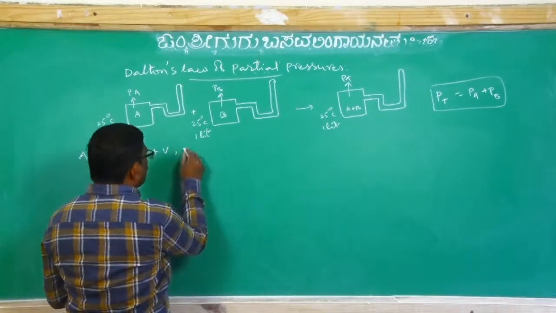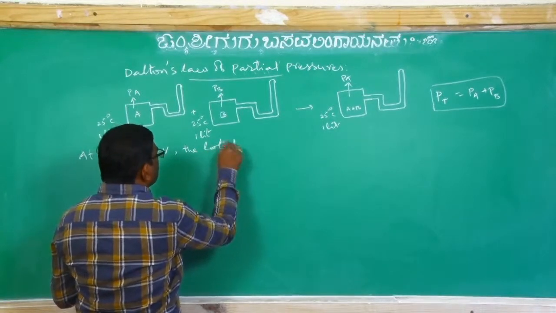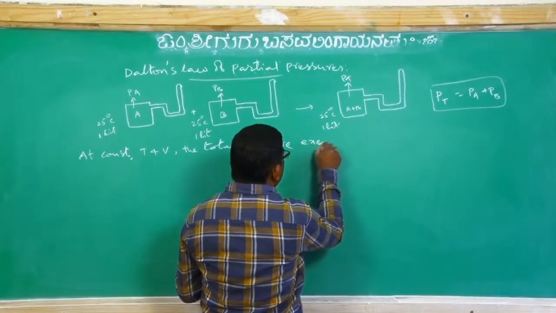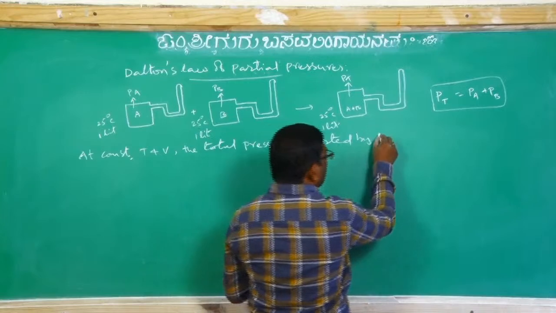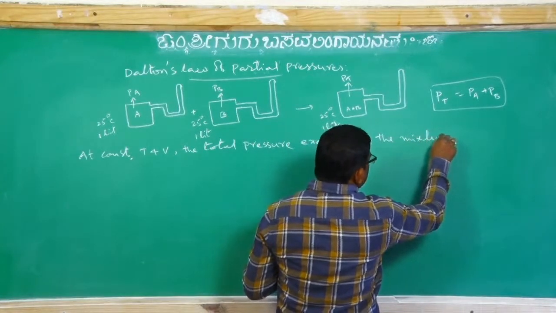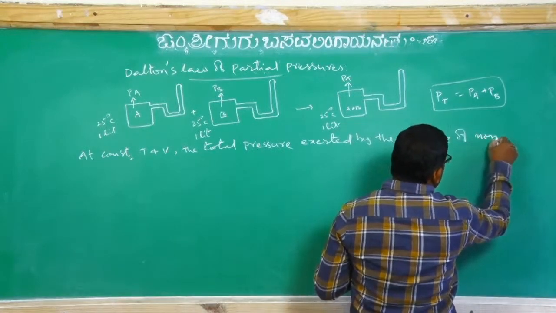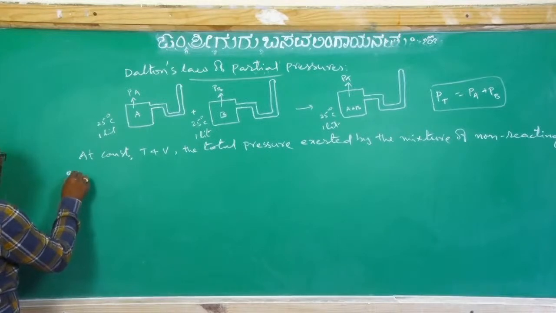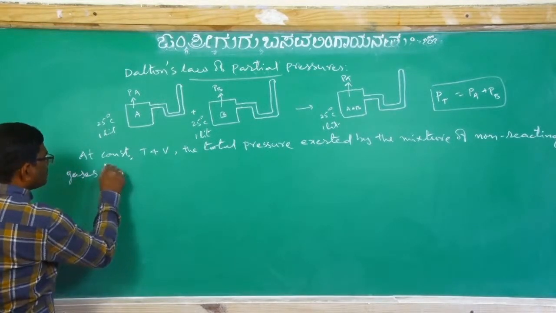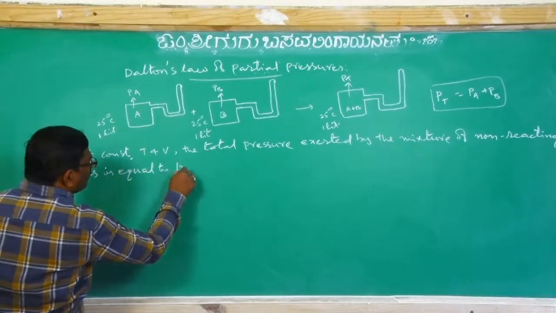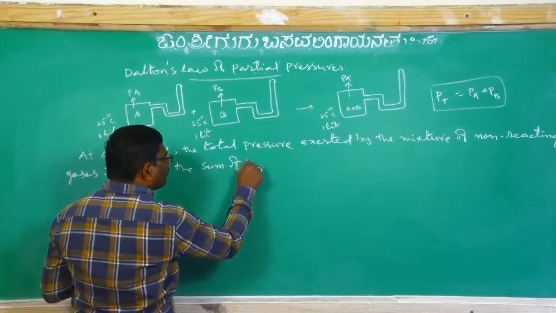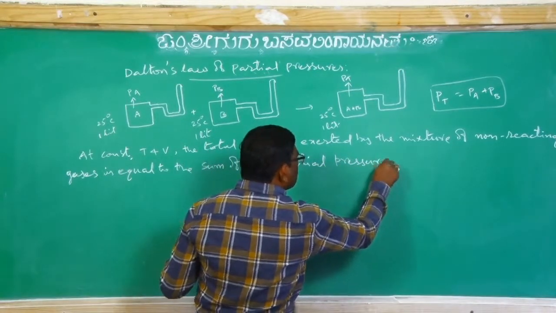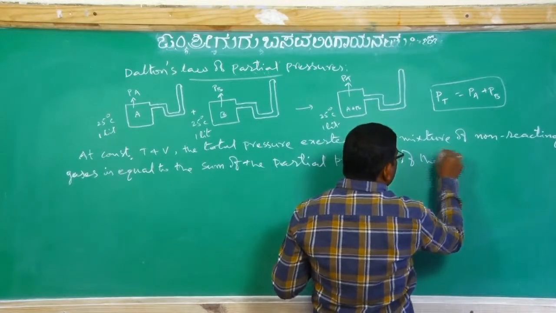At constant temperature and volume, the total pressure exerted by the mixture of non-reacting gases is equal to the sum of the partial pressures of their individual gases.